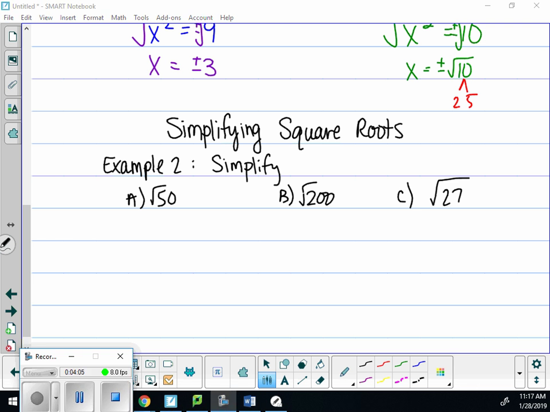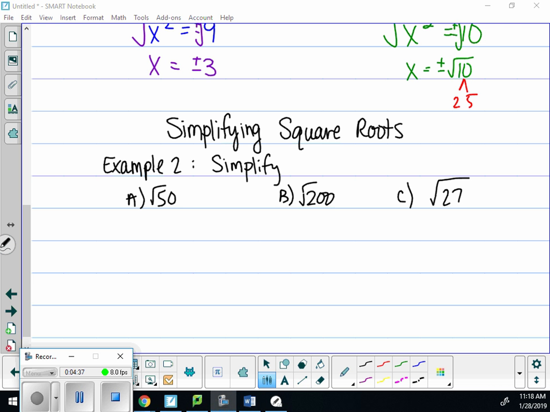When we simplify square roots, and this is going to be true for cube roots or fourth roots, which we're not going to get into probably until next year, you are looking for perfect squares that are factors of the number. Now, some of you might be able to look at 50 and go, oh, hey, that's 25 times 2. 25 is a perfect square. Square root of 25 is 5, and you can go.